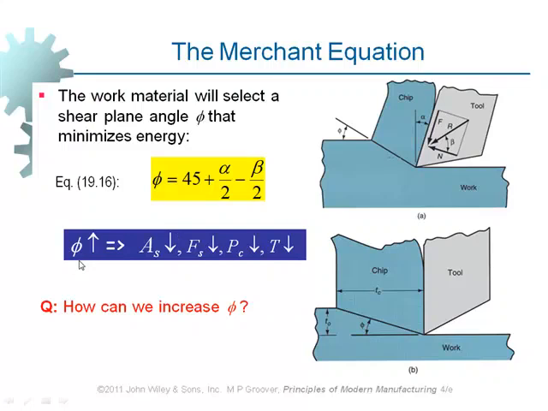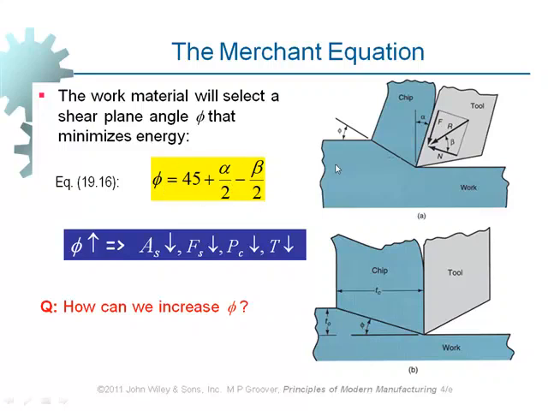How can we increase phi on the basis of the Merchant equation, which is given up here? Well, let's say something. We are to increase this parameter, phi, and it is a function of alpha and beta. How do you increase this then, if you make use of this equation?